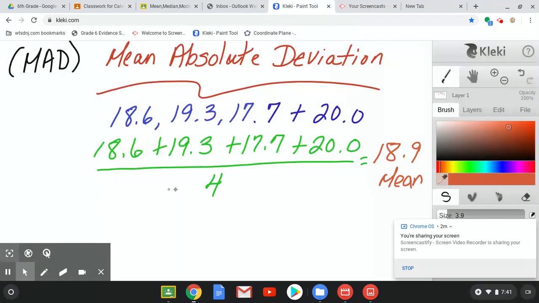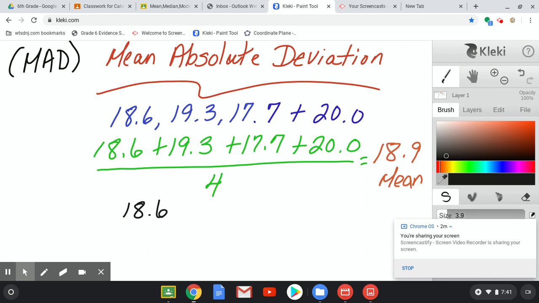Okay, so let's go ahead and go through and actually do these calculations. So I'm going to take 18.6, which is my first value in my data set. I'm going to subtract my mean from it, 18.9. Typically, that would give me a negative number, but I'm going to keep it as a positive 0.3.